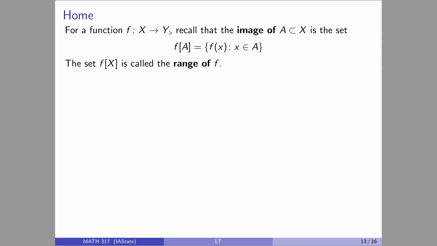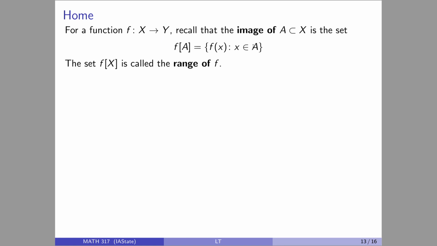The y here is its codomain. This is anything that contains its range. So f of x is definitely contained in y, but y could be significantly larger. If you think about x squared, its codomain is the reals, but its range is the positive reals.